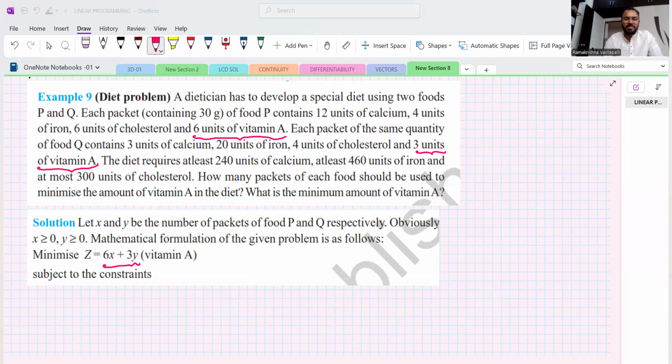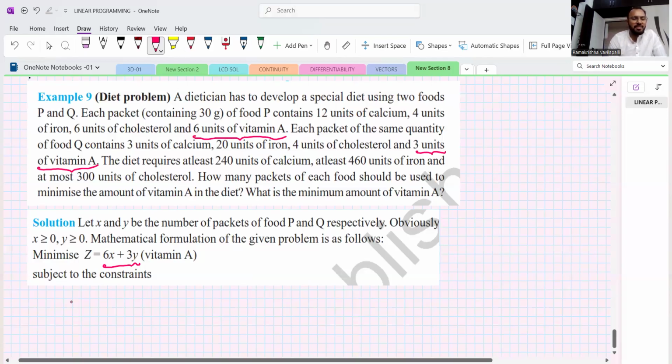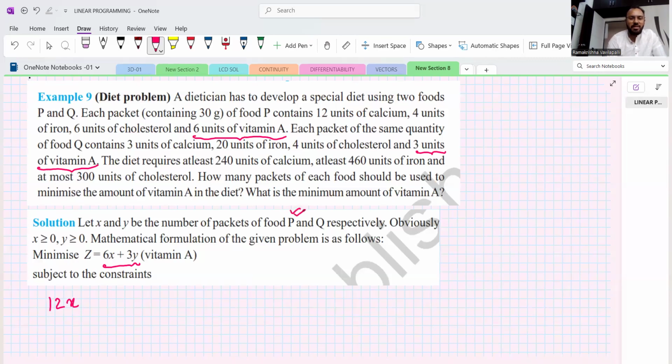So we have 12x because we are using x packets of product P. What should be the total calcium used? 12x plus 4y.